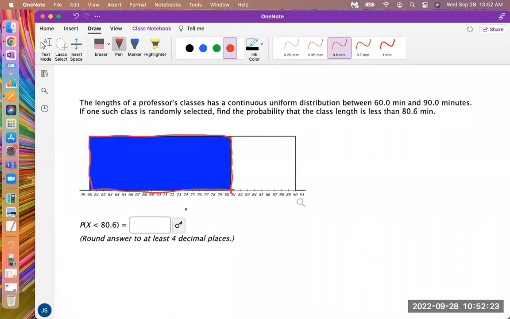To find the area of this rectangle, the equation is base times height. So we have to calculate the base, and we also have to calculate the height.